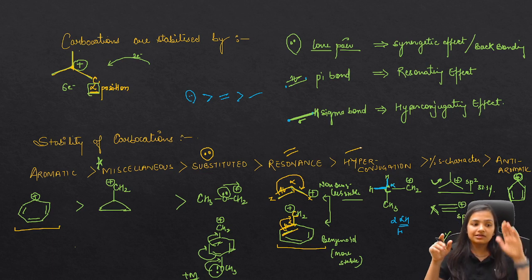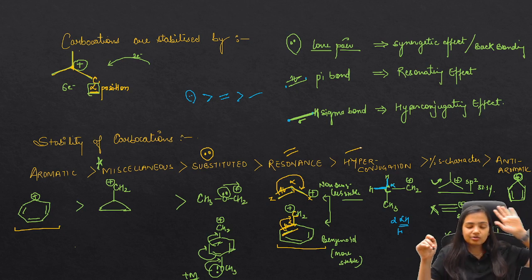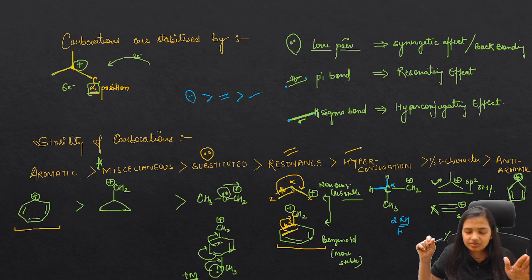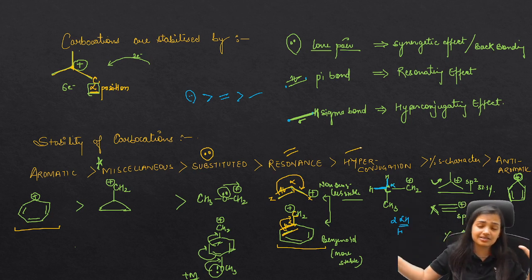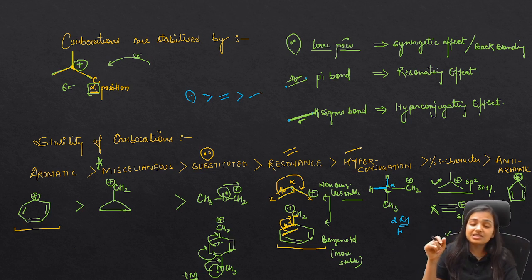So ultimately what comes? Aromatic, miscellaneous. Please learn with me. The aromatics are most stable. Anti-aromatics are least stable. After aromatic, there comes a special case, that is a miscellaneous carbocation.